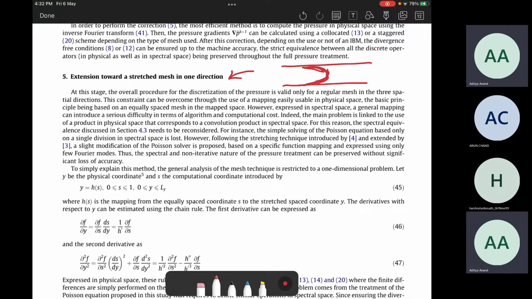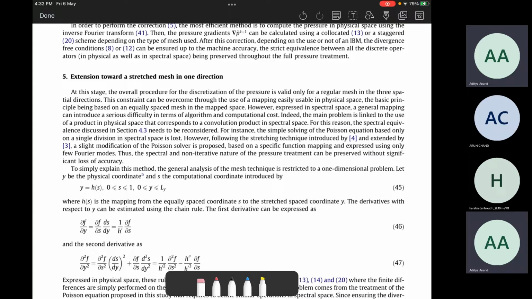Since the gradients are very high near the wall, you need to have higher resolution here, as opposed to coarser resolution at the center of the channel. So what the code does is it uses a stretched mesh. That is, you can have these coarse resolutions, but the mesh stretches itself away from the wall.